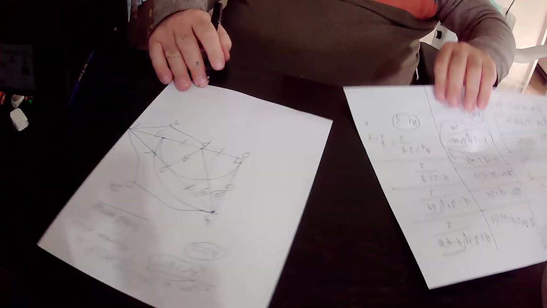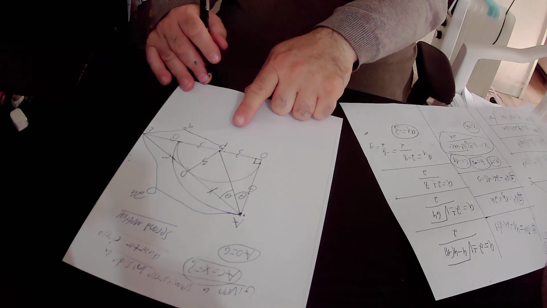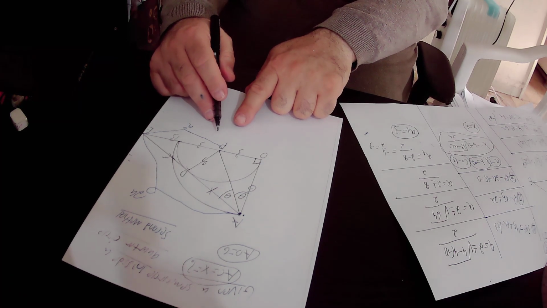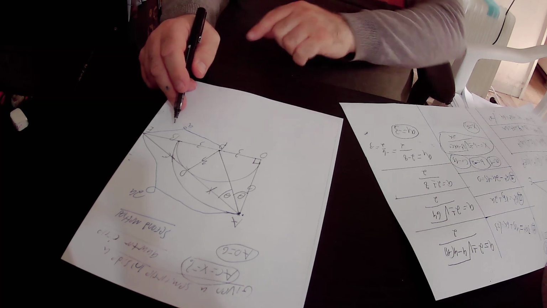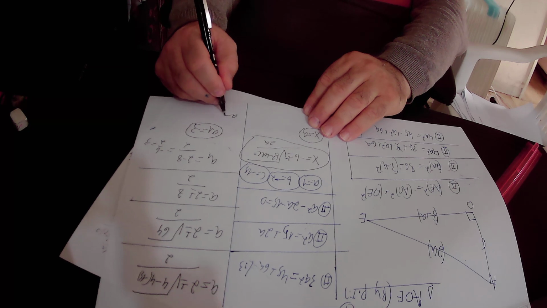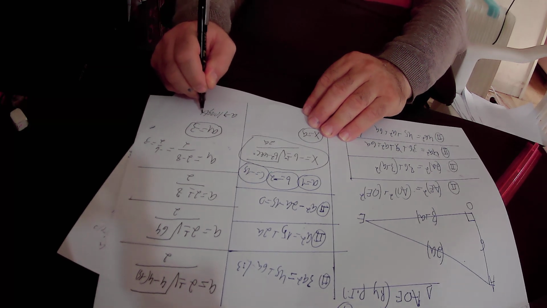If A is the length of side PE, again, A is the length of line segment PE, so A is a length, and as a length it must be a positive number.